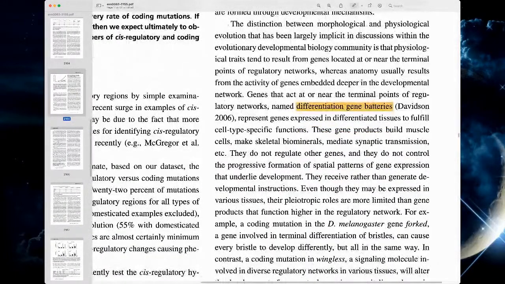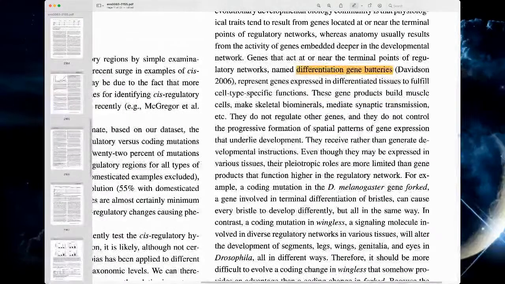These gene products build muscle cells, make skeletal biominerals, mediate synaptic transmission, etc. They do not regulate other genes, and they do not control the progressive formation of spatial patterns of gene expression that underlie development. They receive rather than generate developmental instructions. Even though they may be expressed in various tissues, their pleiotropic roles are more limited than gene products that function higher in the regulatory network.